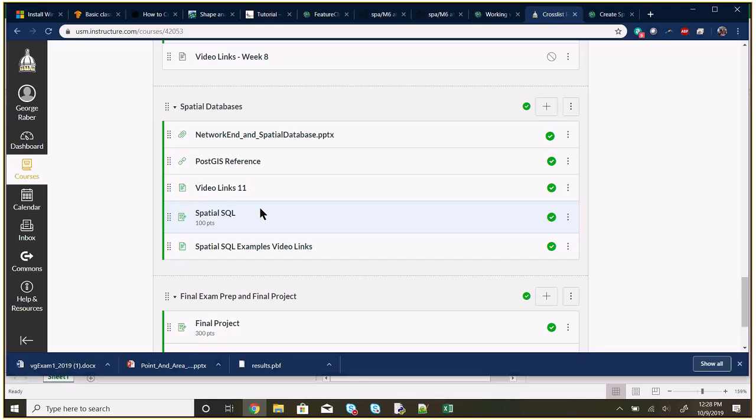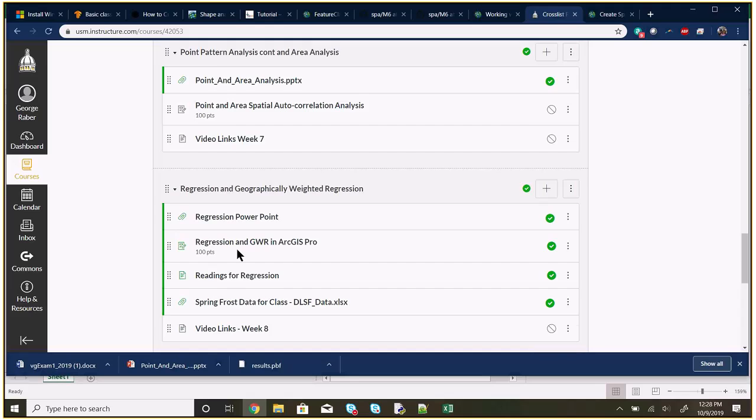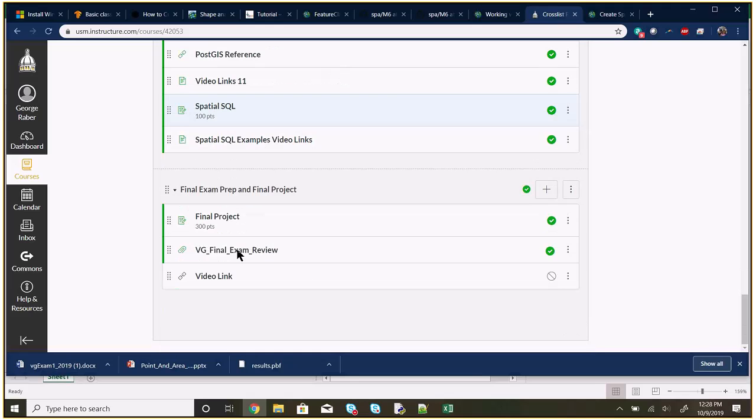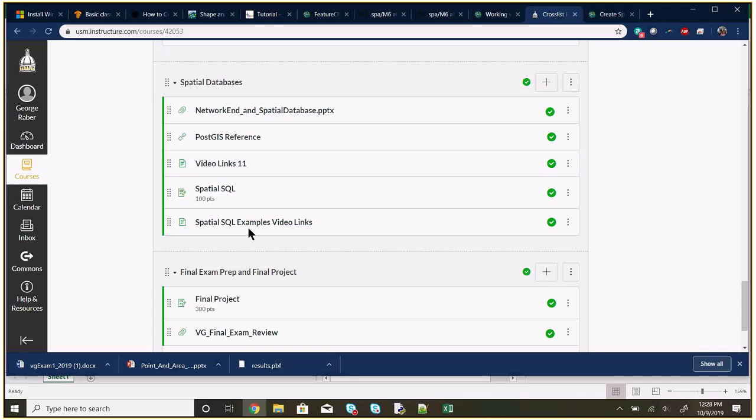It's a totally different way of thinking about overlay and spatial joins, and it's kind of neat. I wanted to include that in this portion of the course as well, but we're going to do it later because we're going to do it in another software package called QGIS.